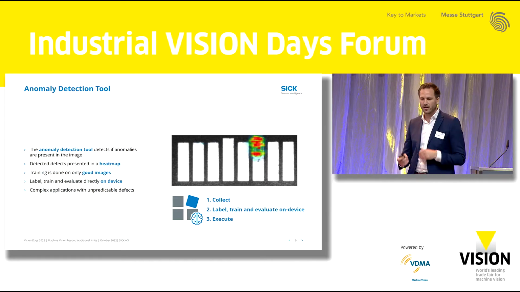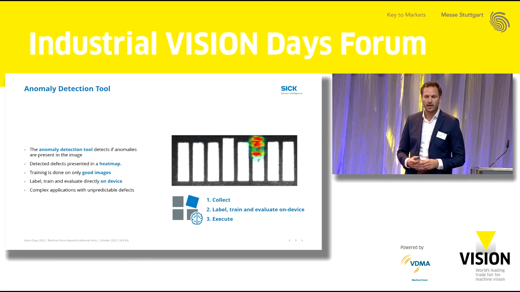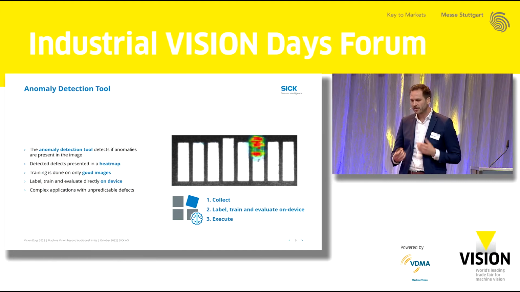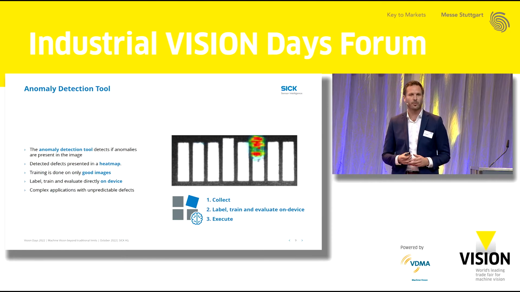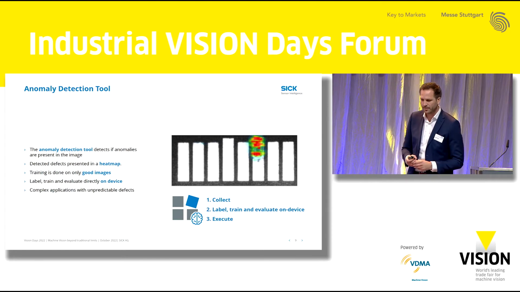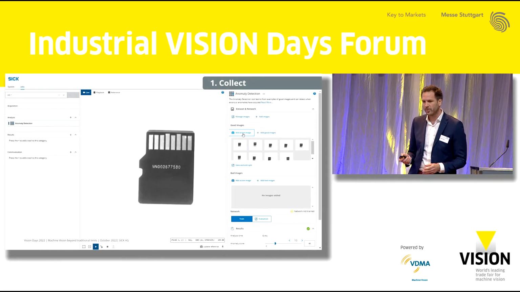It lets the user solve complex applications such as soldering, welding, and label inspection, things that are unpredictable. This provides benefits to our customers, for example reducing waste and improving productivity and yield.